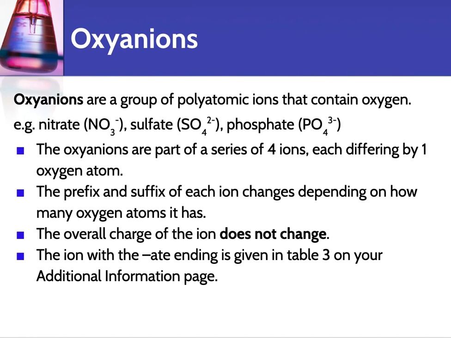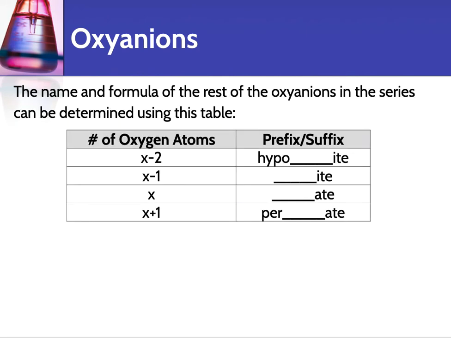So the ion with the "ate" ending, which are the ones I've given as examples, are given on your additional information page. But you're going to have to figure out the rest of the series. So the rest of the series can be figured out this way. The one with the "ate" ending is 3 down there, so whatever number of oxygen atoms it has, that's X. So we had looked at, say, sulfate, which is SO4 2-.